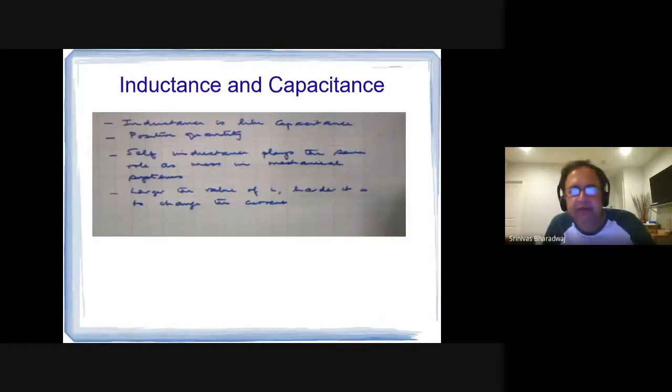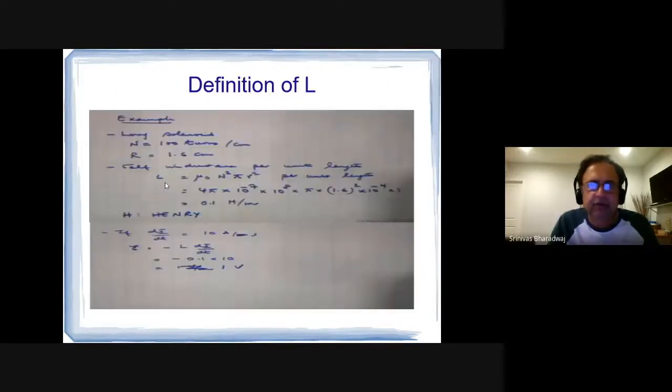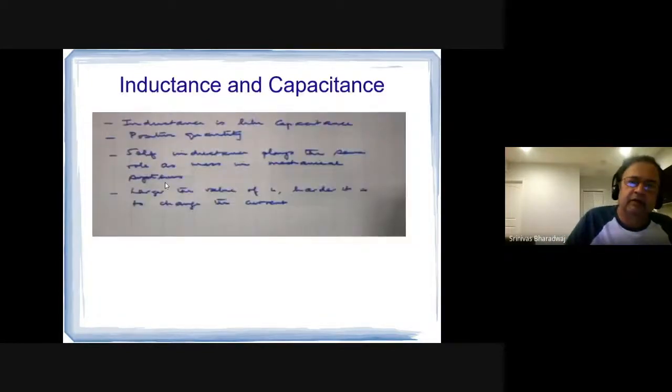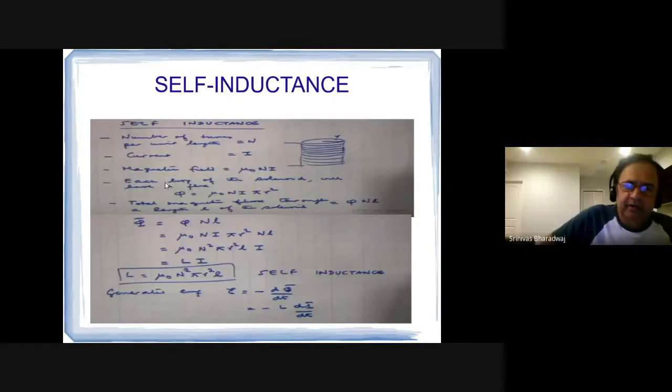I think I've covered quite a bit of material today, and I am therefore going to pause a little bit here. I will pause with this slide before I go on to discussing phi equals Li and this idea called inductance.